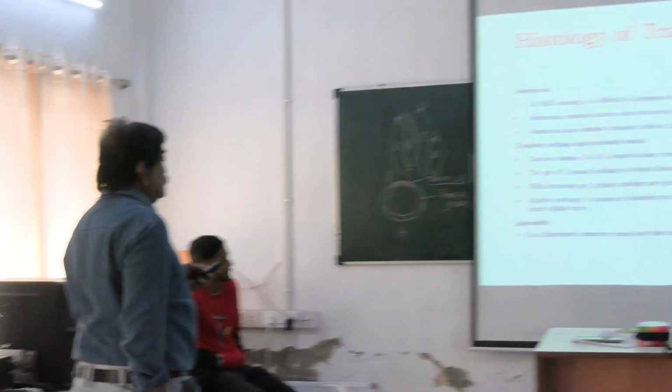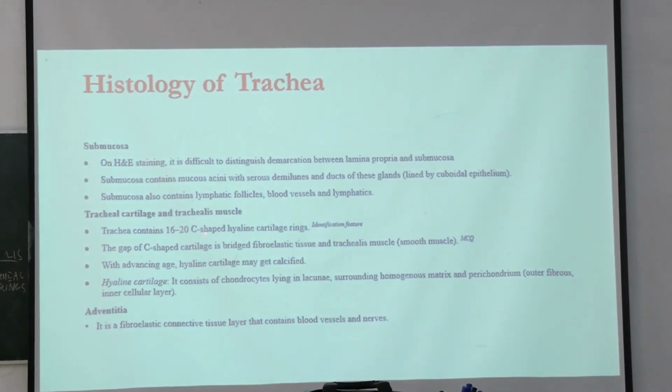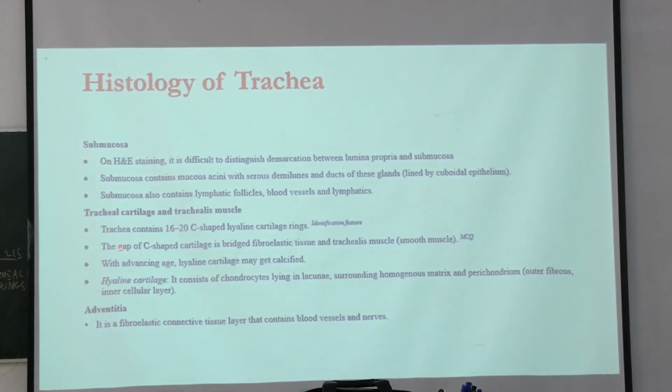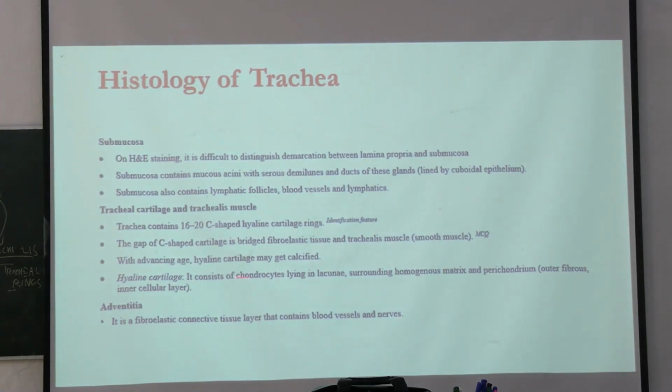Now the trachea contains 16 to 20 C-shaped cartilages. The gap of the C-shaped cartilage is bridged by fibroelastic tissue and trachealis muscle, smooth muscle. With advancing age, hyaline cartilage may get calcified.